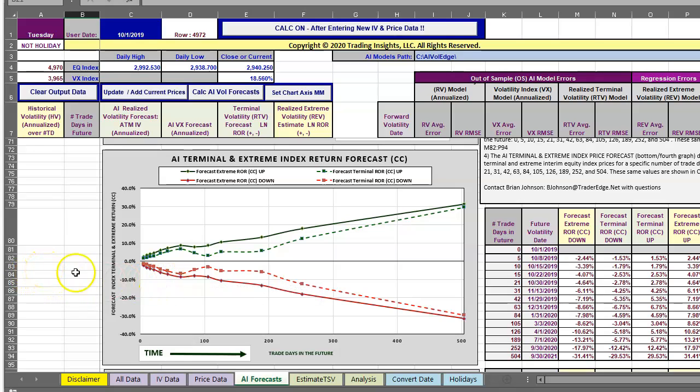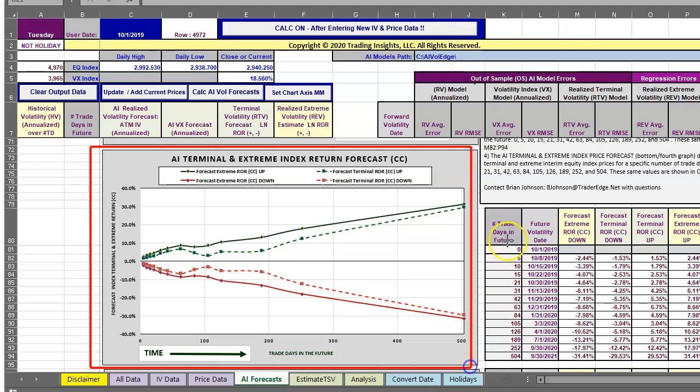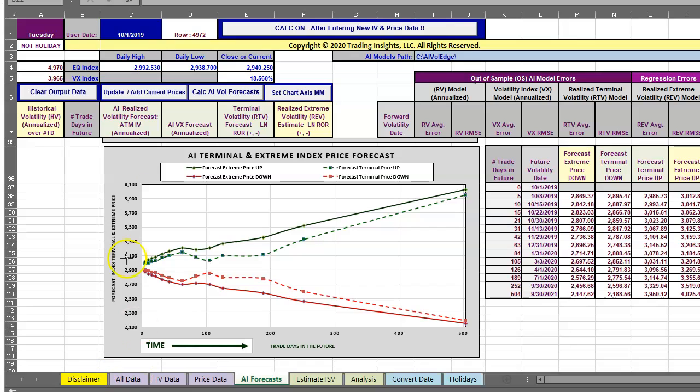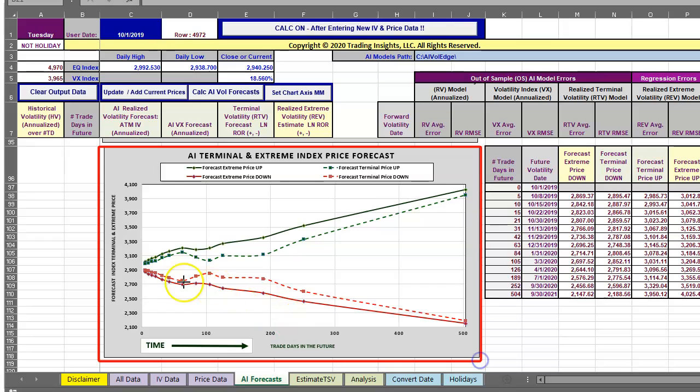In addition, we also have that same data in tabular format, so we can see the specific values. I'm going to scroll down further, and we can see that same data in price. Now on the left-hand axis, instead of rate of return, we see the price of the SPX X number of trading days into the future.